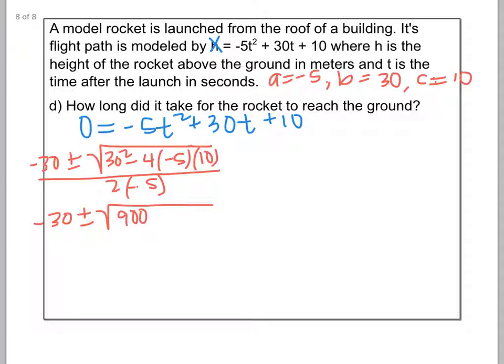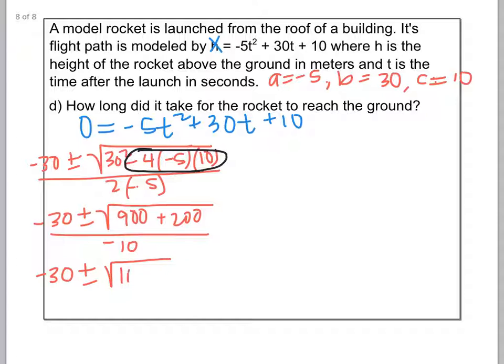And then if I simplify this, minus 4 times negative 5 times 10, that's going to give me a positive 200. And then the bottom, I have 2 times negative 5, which is negative 10. So I'm going to continue simplifying. Negative 30 plus or minus the square root of 1100. I got that from doing 900 plus 200, over negative 10. And then I took out my calculator and I found the square root of 1100.